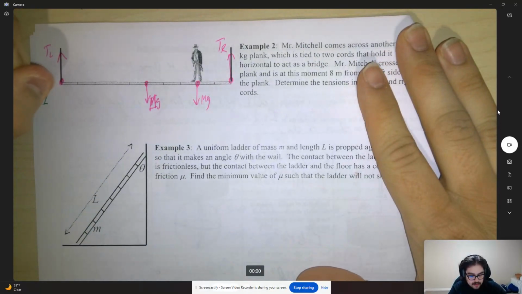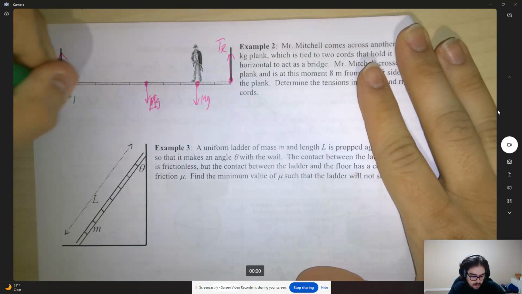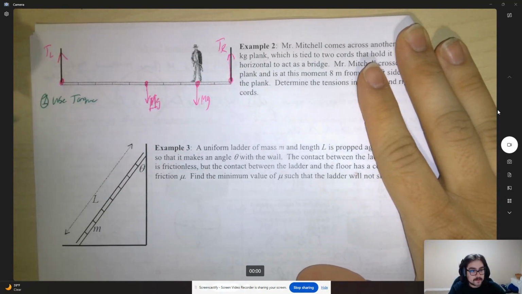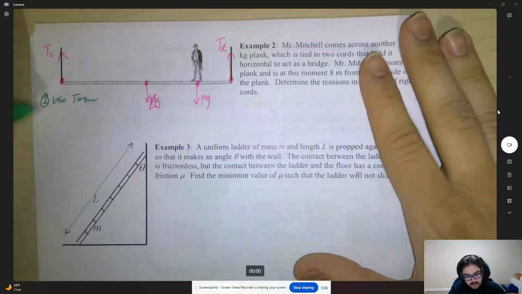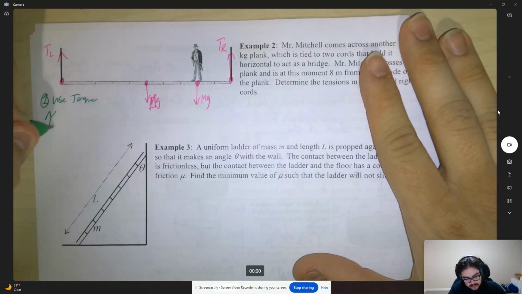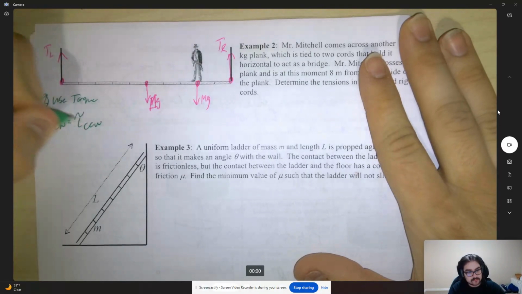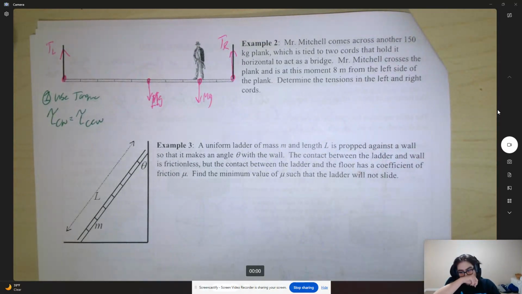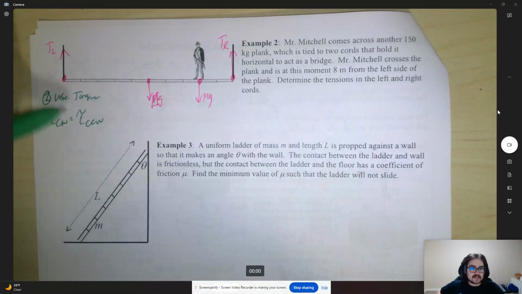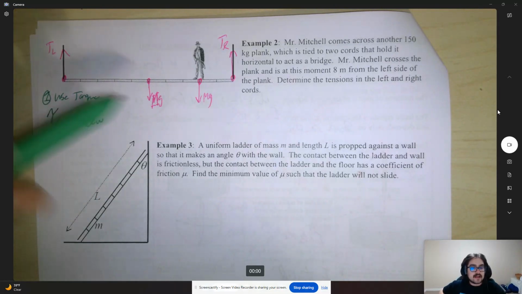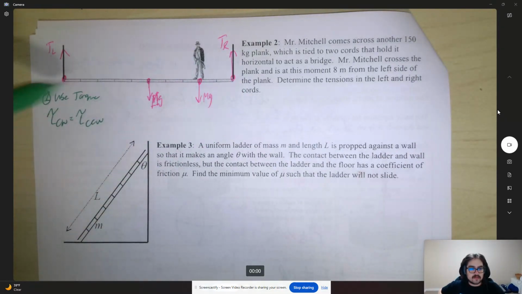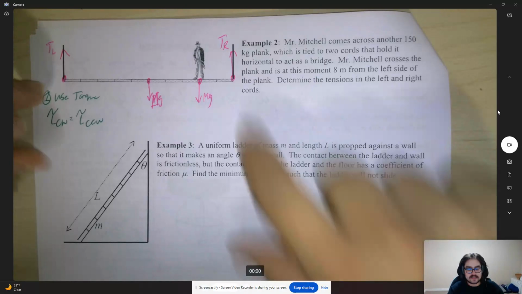Now, it's a multi-step problem here. The first thing I need to do is use torque. If I'm using torque, the clockwise torque needs to be equal to the counterclockwise torque because the bridge isn't rotating at all. I need to pick a pivot point, and I can pick any point on here, but it's way easier if I pick one of the ends.